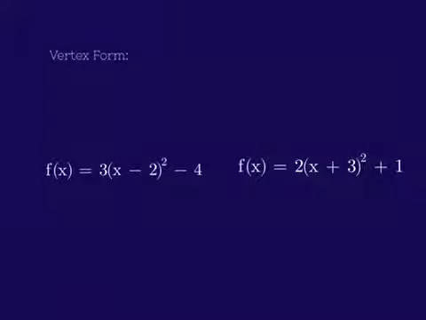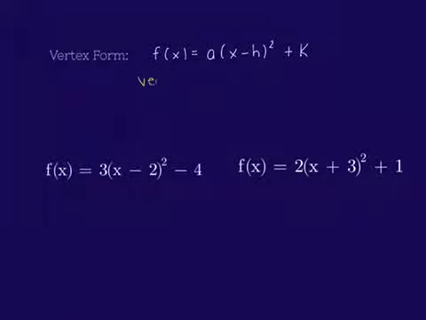Now we're going to look at some different forms that we can write quadratic equations in, and one is vertex form. So that looks like this: f of x is equal to a times the quantity x minus h squared plus k. And this form is useful because it gives us some important pieces of information.